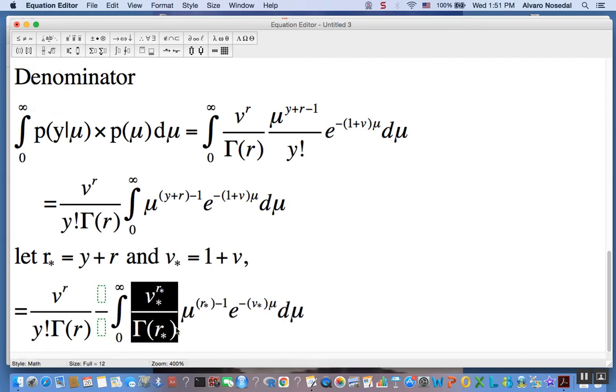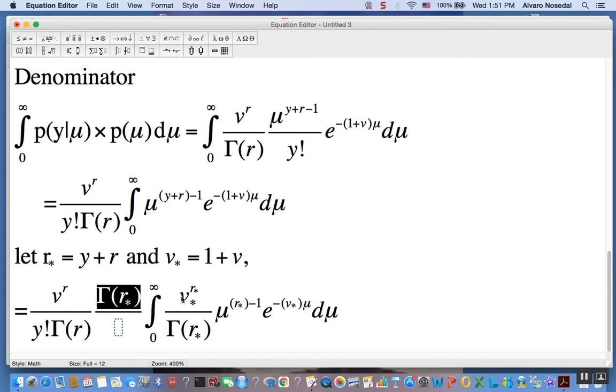So we are dividing by gamma evaluated at r star. Well, let's multiply by that. We are multiplying by v star to the power r star. Let's divide by that. Okay, so now the integrand, the function that we have inside our integral, is the integral over the entire support of a gamma with parameters r star and v star, right?